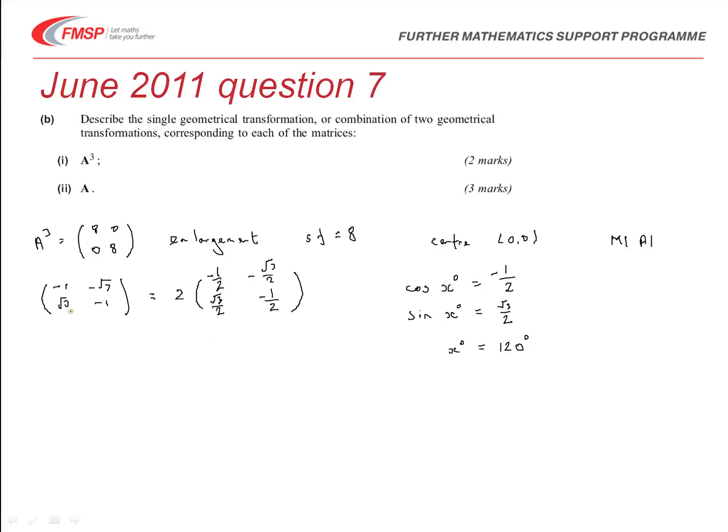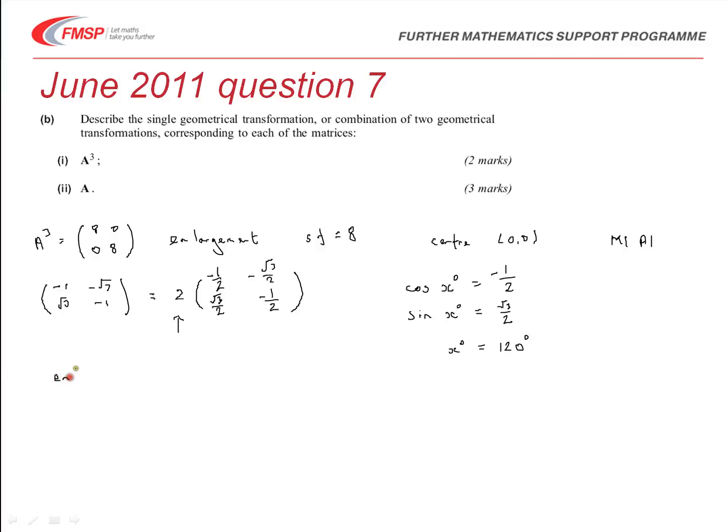So this matrix A has two parts to it. It has an enlargement part, remembering we could rewrite this as an appropriate enlargement, which has a scale factor of 2 or an area scale factor of 4, and a rotation part to it.